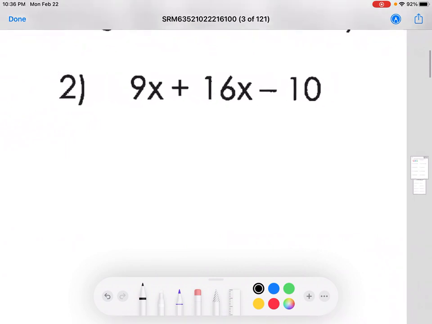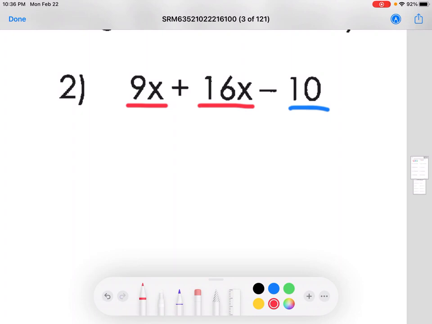So number 10, I have a 9 times x, 16 times x, and then I have a 10. So 10 is just a number that's not being multiplied, but it is still referred to as a term. So I have 2 terms that are both a number times x, so I could combine those.